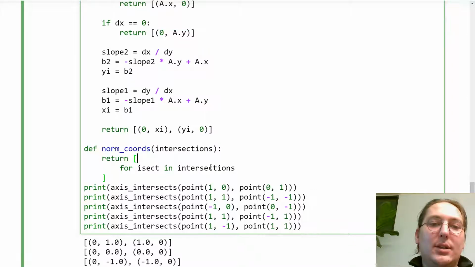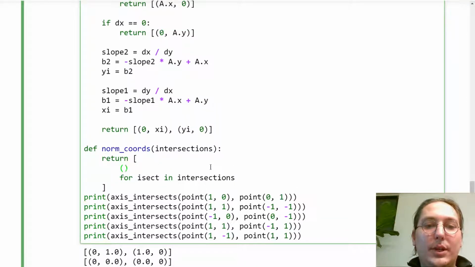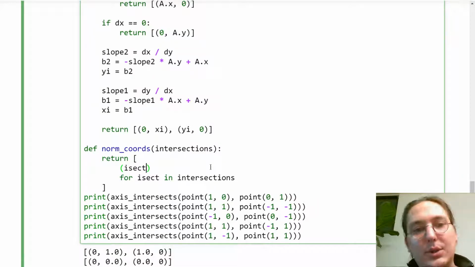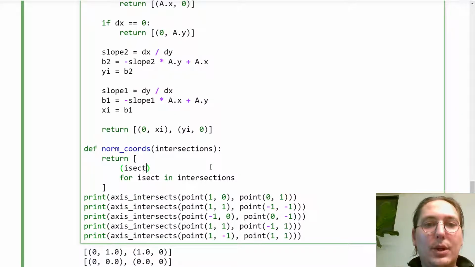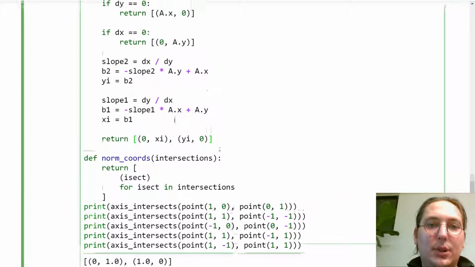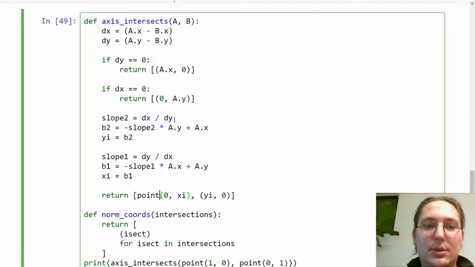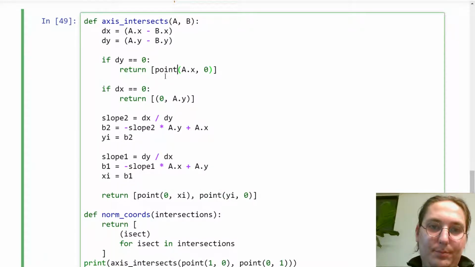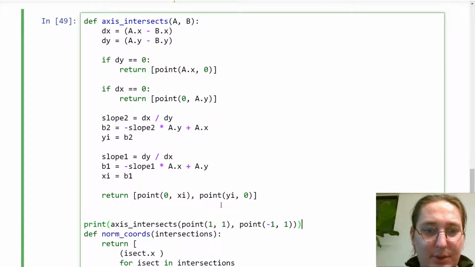So for isect in intersect we do, I guess, isect. In this case we don't know which one is 0, and I guess we can create points out of it, so we can do this xy thing. So here then we can do dot x. And do I still have this in a buffer somewhere? Nope.